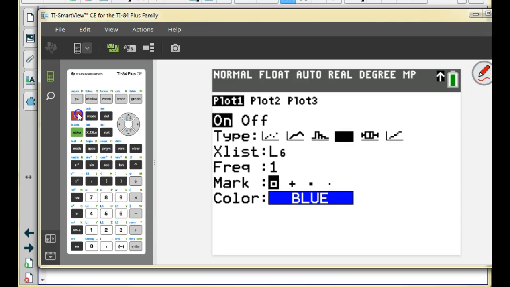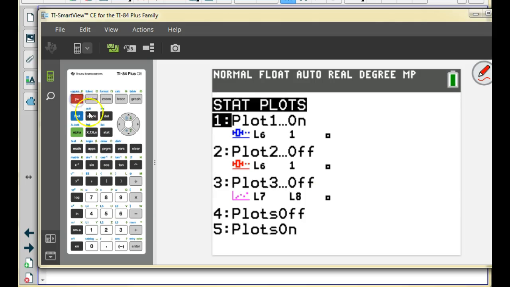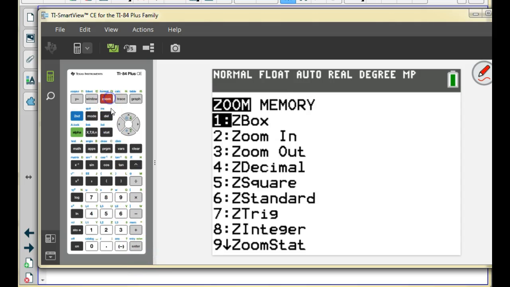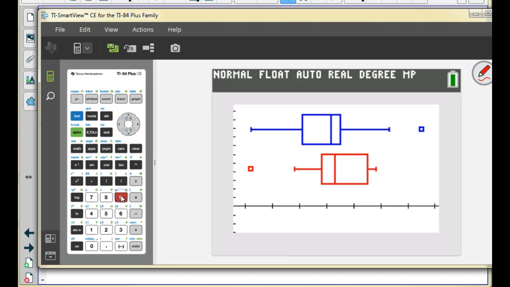Okay, but then go second y equals again and go down to plot 2 and turn plot 2 on. Make sure you hit enter so that it's on. Go over to box and whisker and put the other list in, which for you is probably list 2. And then we're going to try zoom stat and we should see this. Yes, no.